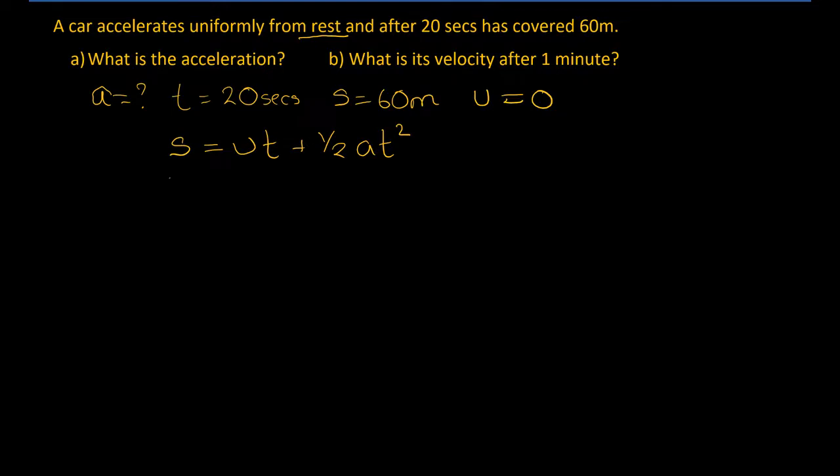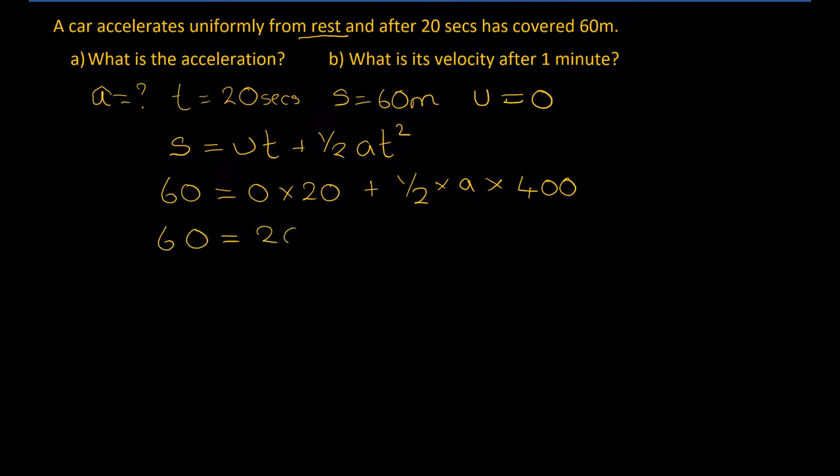So S is 60, U is 0 times 20 plus a half times A, which we don't know, times the time squared. So that's 20 times 20, which is 400. So if we tidy that up, we've got 60 equals 200A.